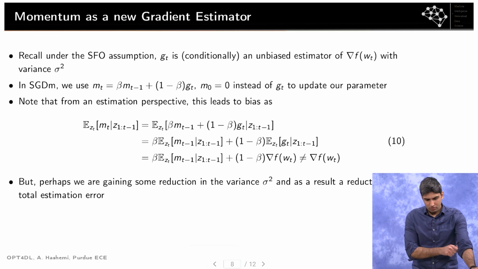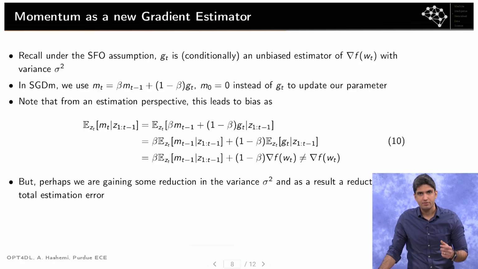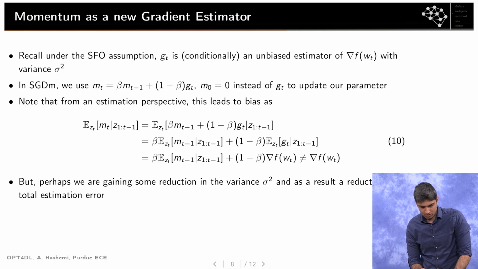Right, so as I mentioned, we're now going to talk about this momentum idea from the perspective of bias variance trade-off. Basically, we're going to view this as a new estimator of the true gradient, as opposed to just the simple g_t that we get from our oracle, which is an unbiased estimator of the true gradient with some bounded variance. In particular, let's recall our SFO assumption.